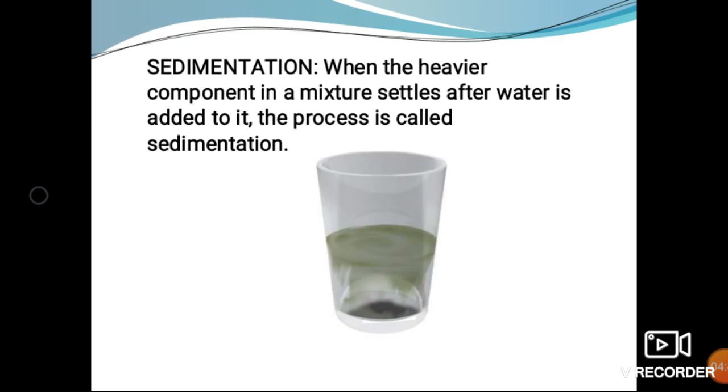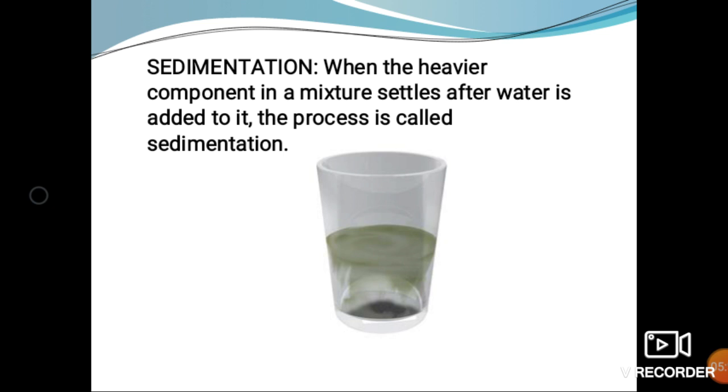Okay, sedimentation. When the heavier component in a mixture settles down, the process is called sedimentation. In the mixture, the heavier component and lighter component are mixed. Take a cup from the diagram. Put that mixture in the cup and add water.